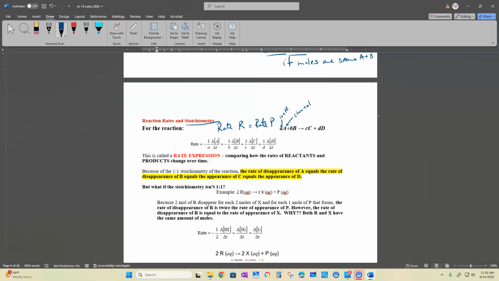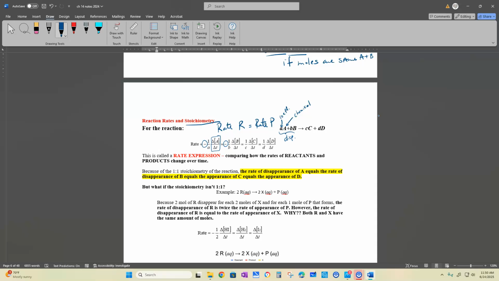So right here, I have negative the change in A, because remember, these guys are disappearing over time, so you have those negatives. And the A would be whatever the coefficient is. If it's a 1, you don't have to put anything. So the change in concentration over time.